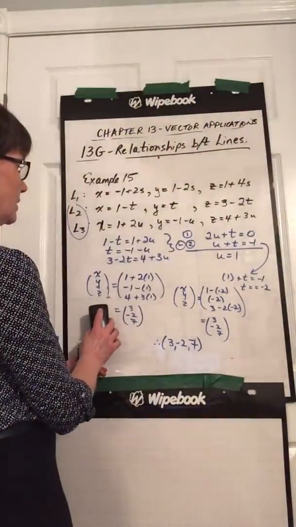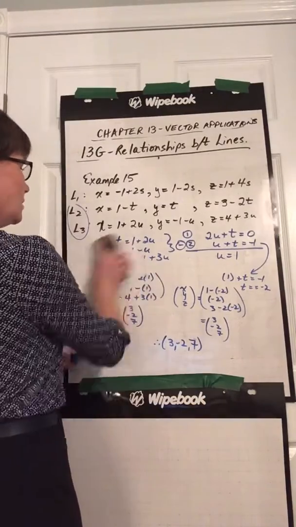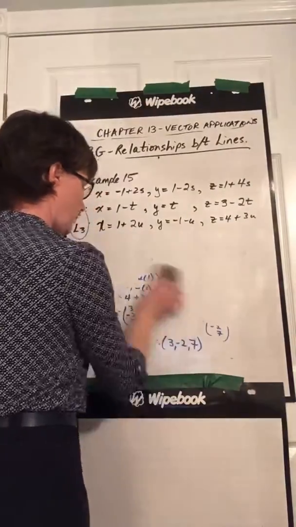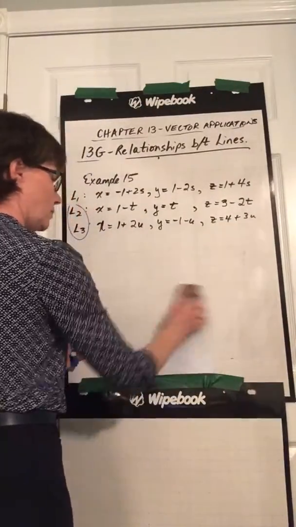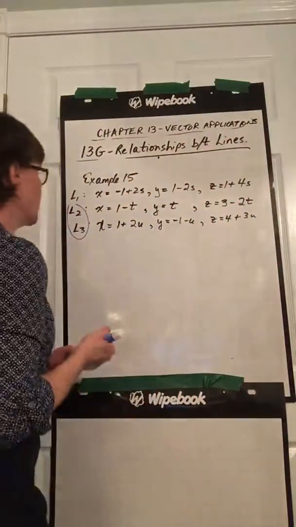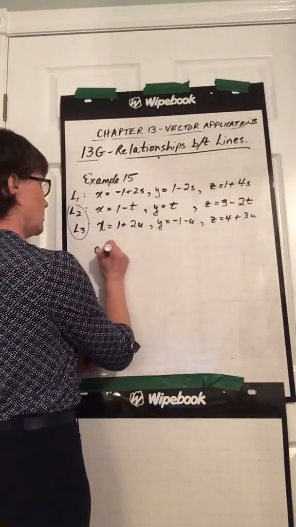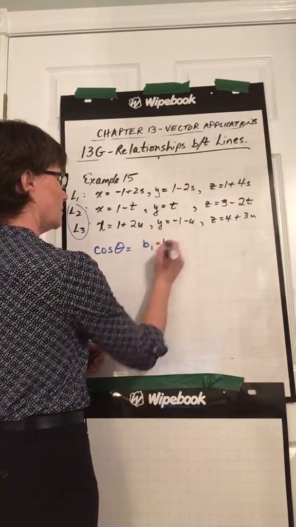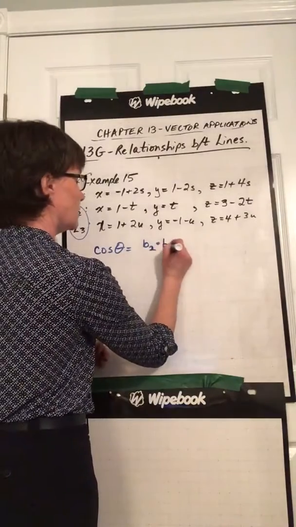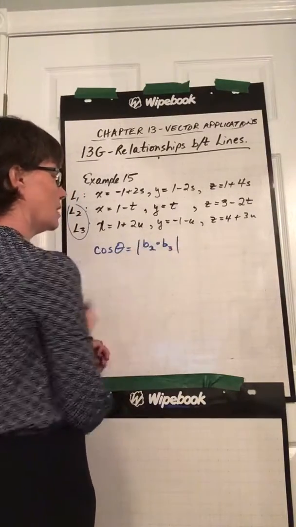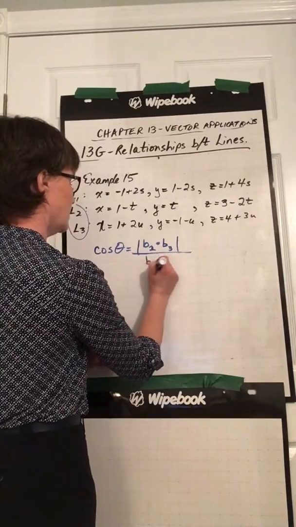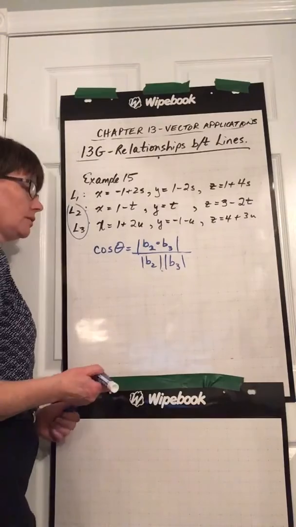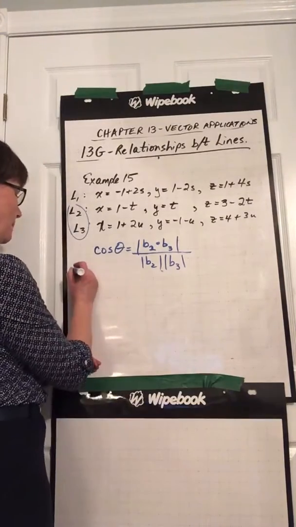Okay, and find the angle between them. When we find the angle between them, all we need are the direction vectors. So we're finding the angle between line 2 and 3. So cos theta equals the absolute value of the dot product of the direction vector of line 2 and the direction vector of line 3, divided by the product of their sizes. These are lines, so we need this absolute value notation. I'm going to calculate these by themselves.